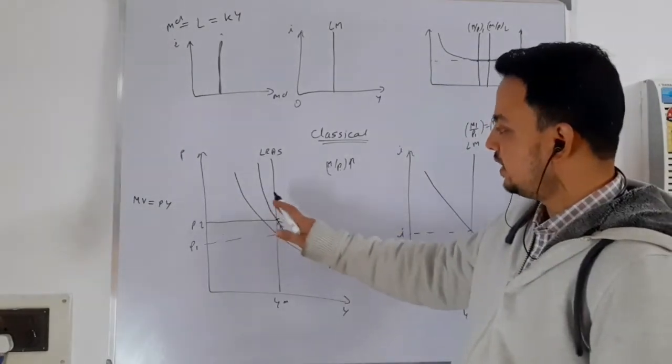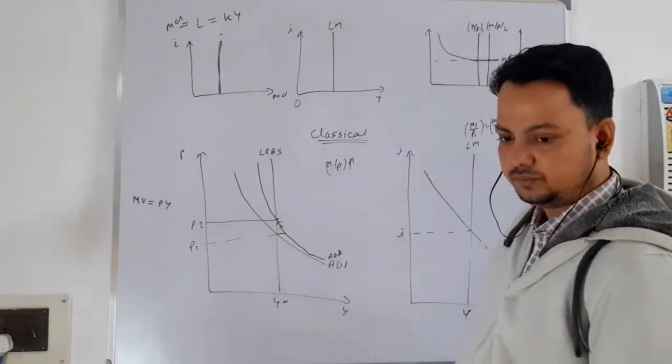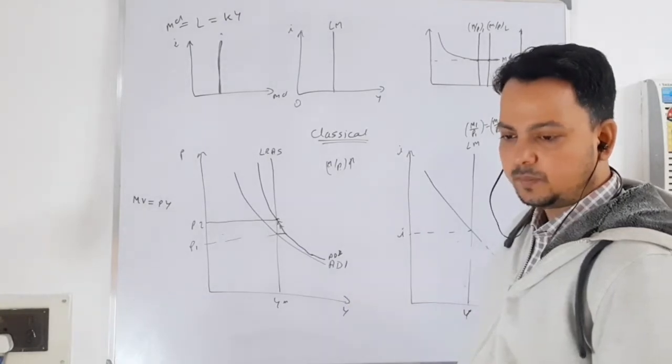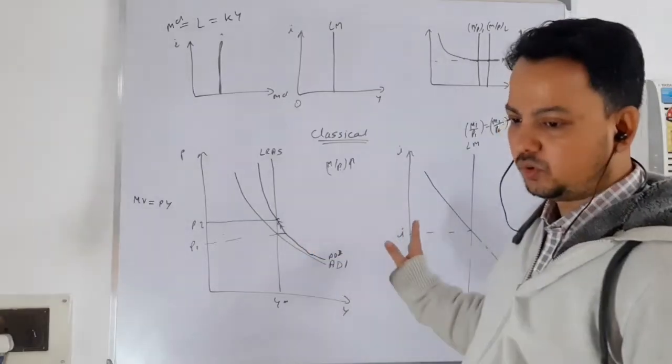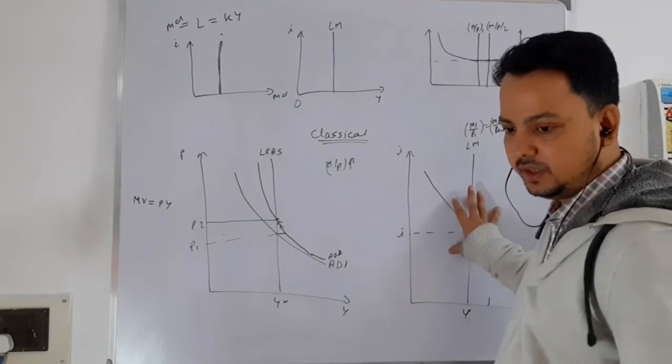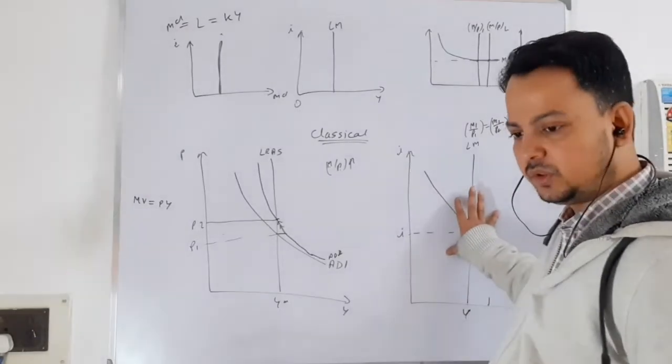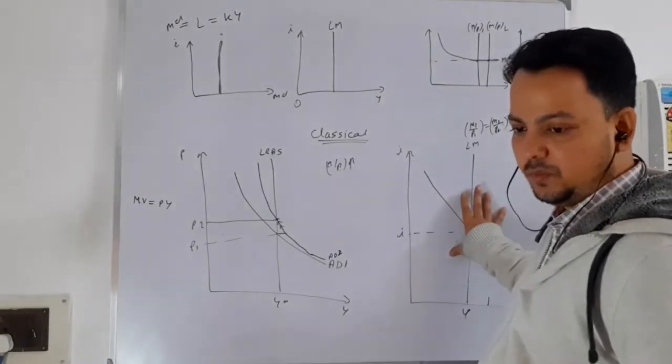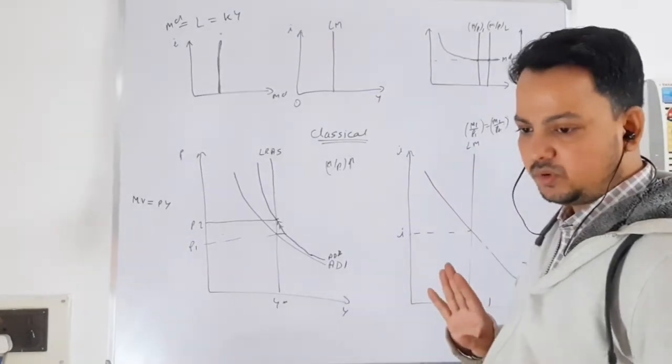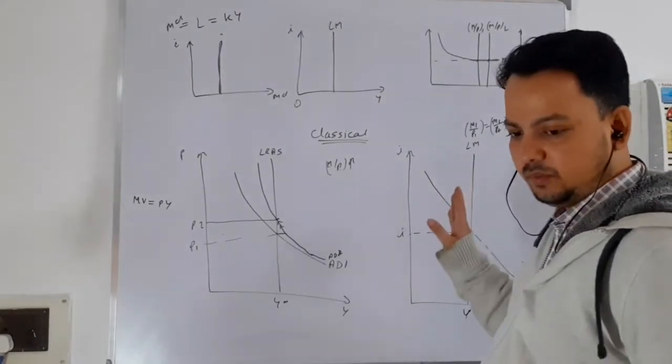In the aggregate demand, aggregate supply schedule, you can show it by this graph. Is the graph clear? So you have to show this way that there will be no change in the IS-NM framework, because when there is an increase in nominal money supply, price will increase in proportion, so the NM curve will remain in the same position.